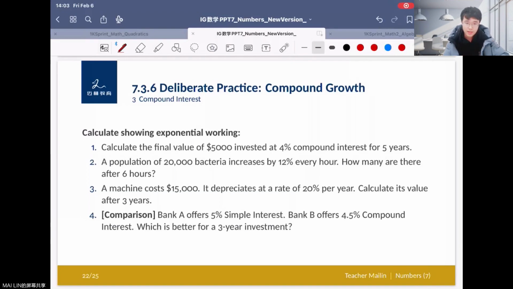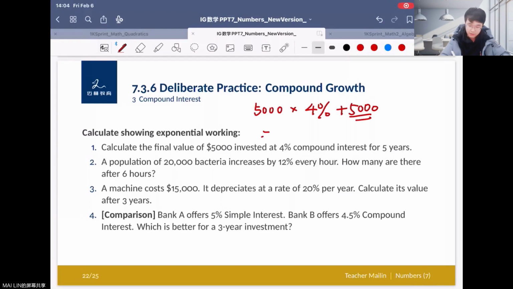The first problem is: calculate the final value for $5,000 invested at 4% compound interest for 5 years. So every year you gain 4%. The first year you gain 5,000 times 4% and add it to the original value in your account.